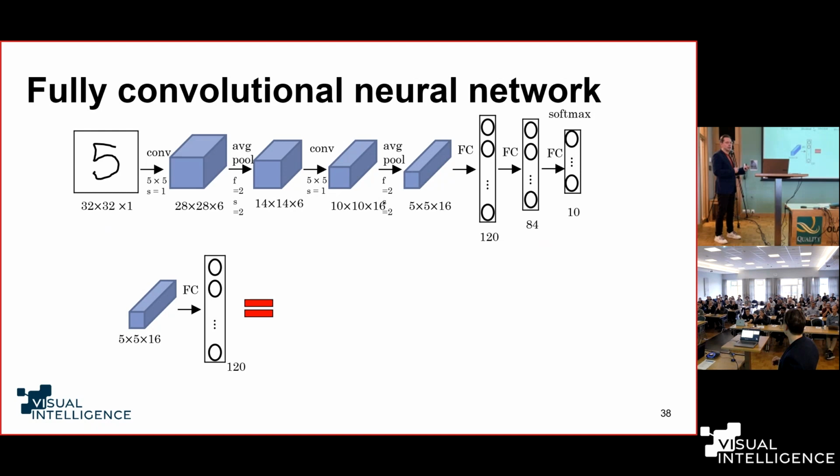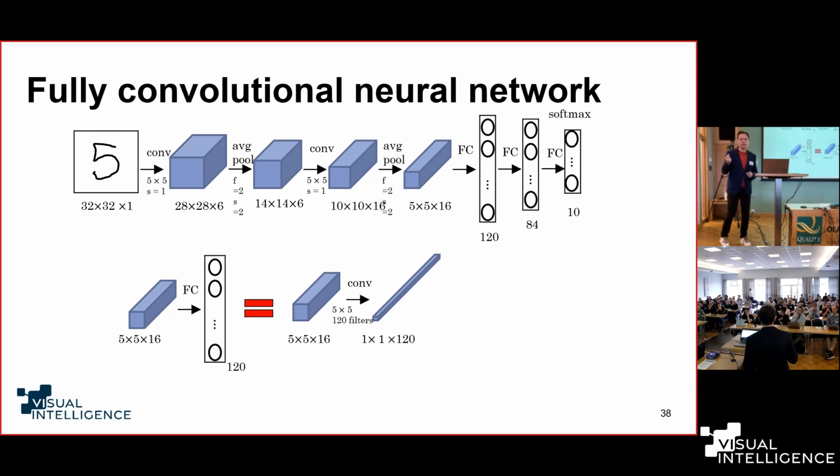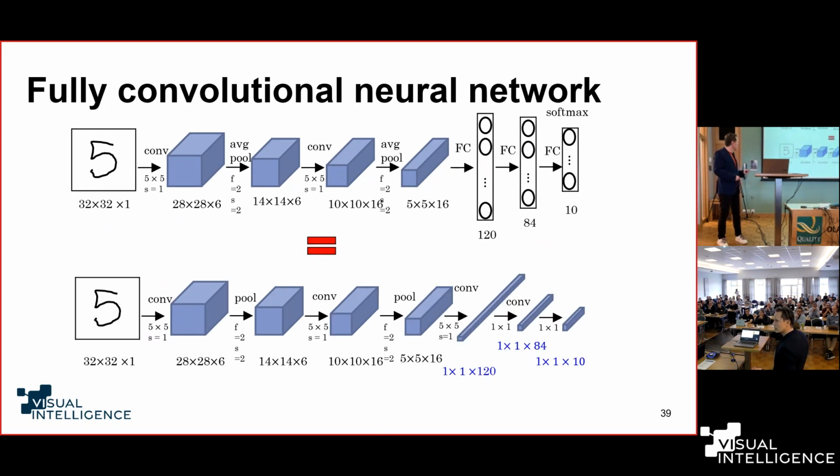I said that going to a fully connected layer was problematic. I can change that to 2 convolutional layers instead, doing the same thing. And why is that useful? Well, now I can design a fully convolutional neural network instead of having fully connected layers in the end.